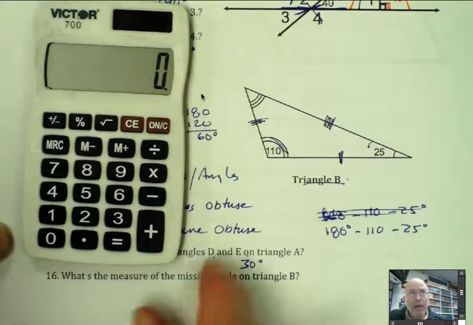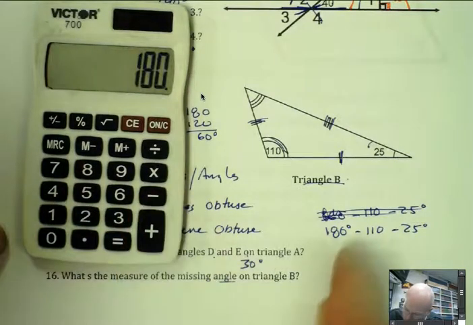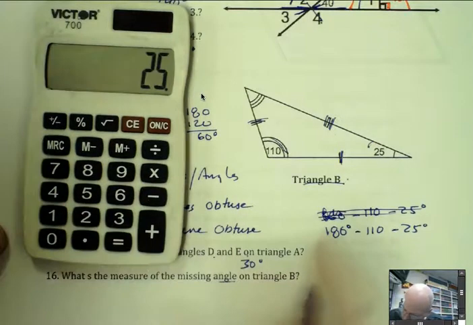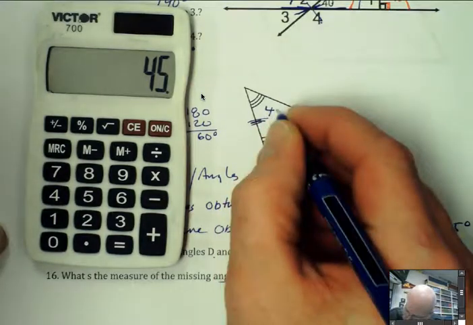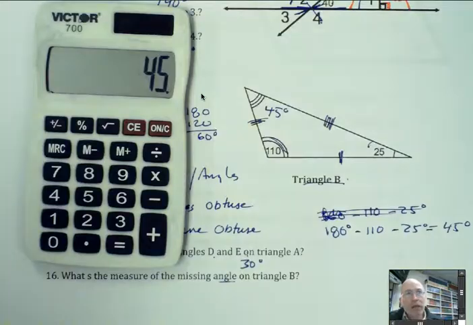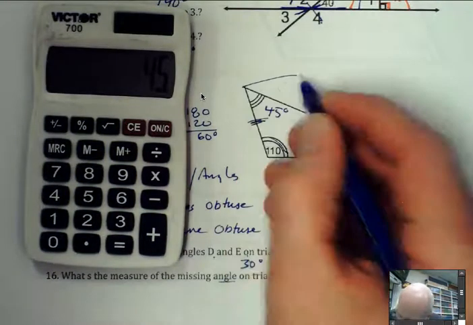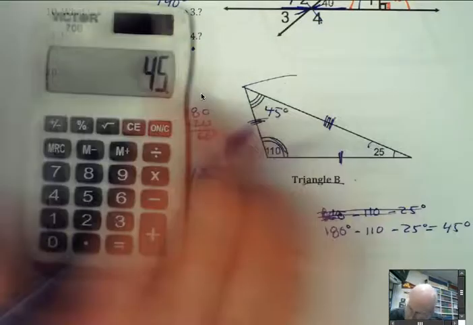So I'll just pop that into the calculator. 180, take away 110, take away 25. That equals 45 degrees. So this angle here has to be a 45-degree angle. And that looks right. It looks like an acute angle, about half of a 90. So a 90 degree like right here. Yeah, 45 degrees. Okay, let's move on.